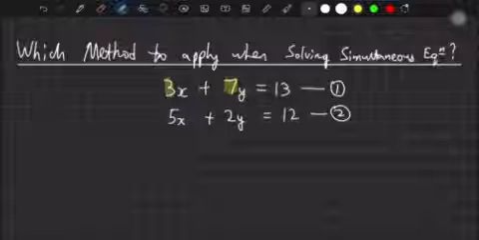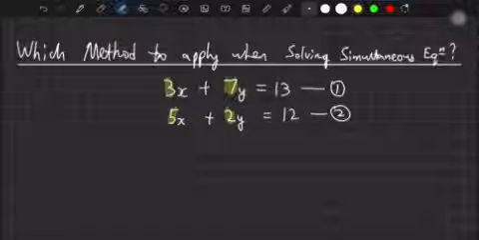Equation 2, coefficient of x is 5, coefficient of y is 2. Because none of the coefficients of x and y in both equations is 1, it will be best to use elimination so that we do not need to work with fractions.